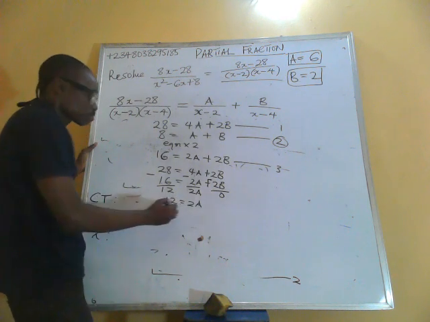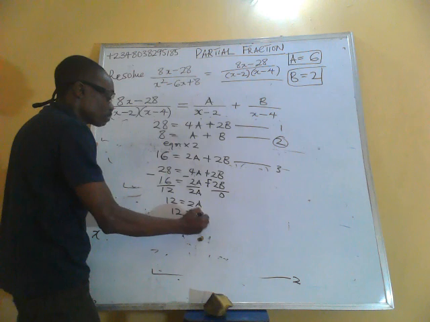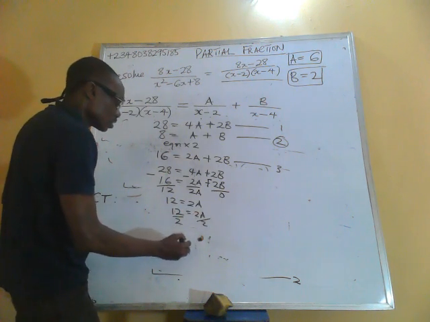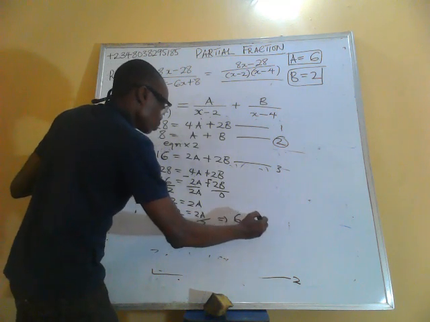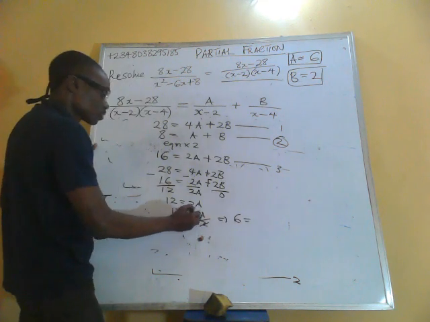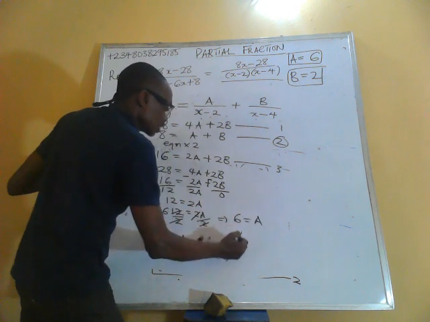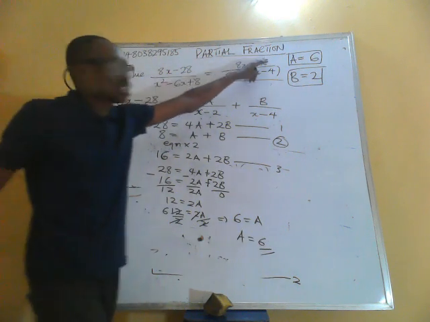Solving for a, we have 2a divided by 2, 12 divided by 2. So 6 is equals to a, since 2 will cancel 2. So a is equals to 6, just like before.